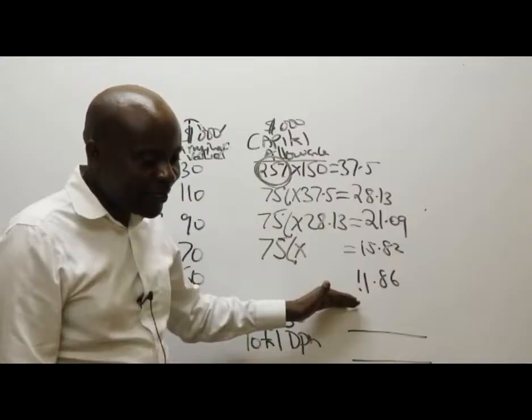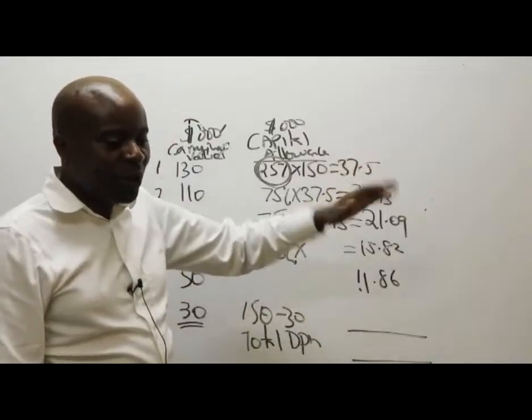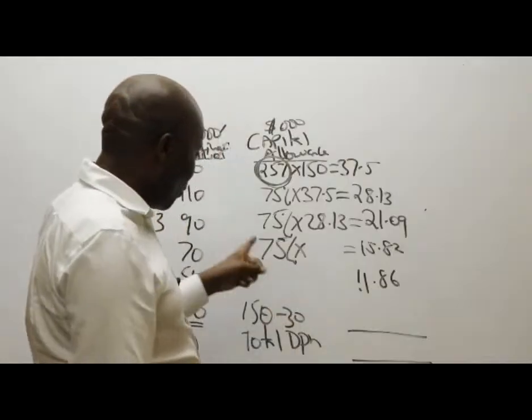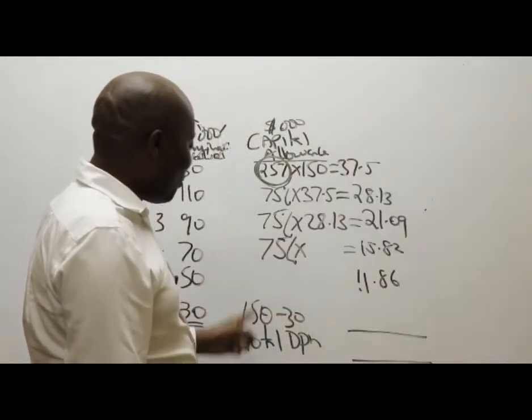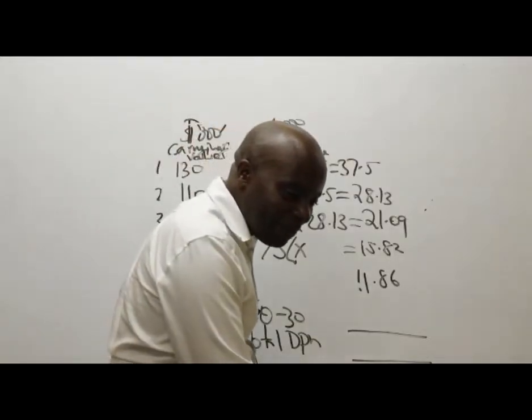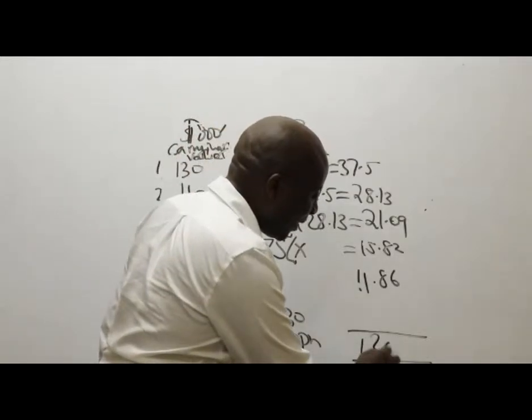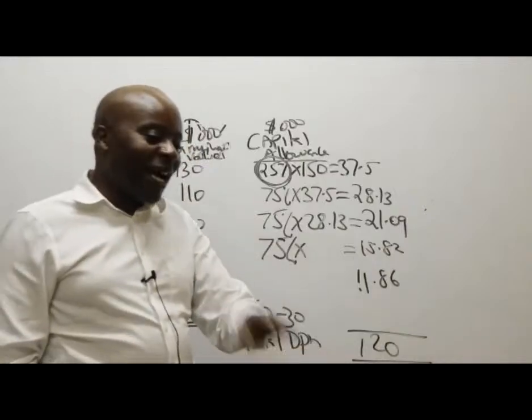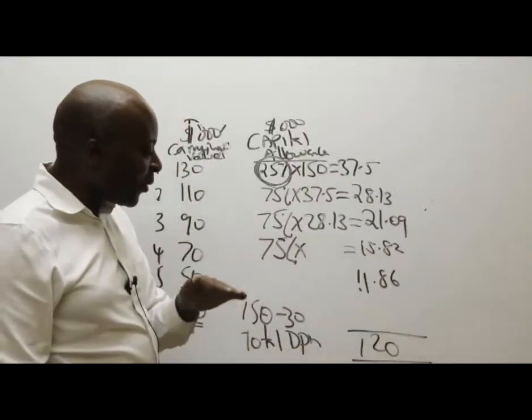If these are correct, tunaachana nazo. Hiyo ingine kama tulikosea siku hiyo, bahati mbaya, wache kae huko. Acha itakuja kwa mtihani. Tu focus hapa, hii itakuja. So total depreciation is 150 minus 30, which gives me 120. Mayom, wachana hiyo story. Angalia, utakosa concept hapa.